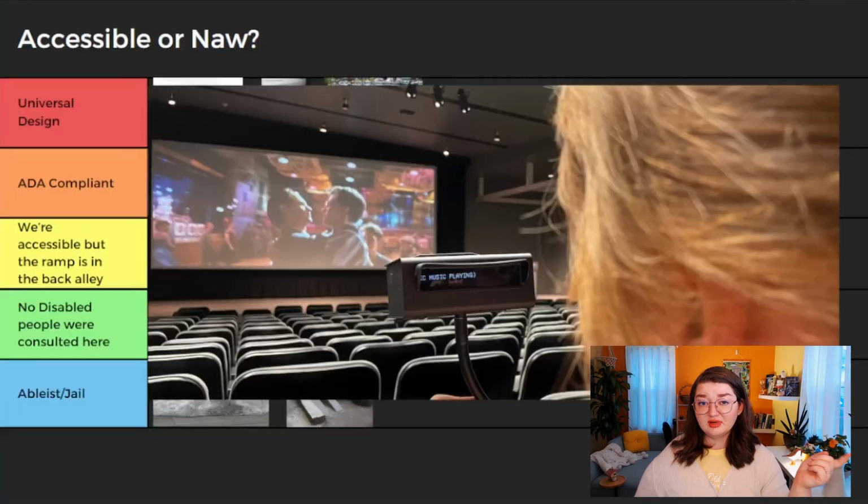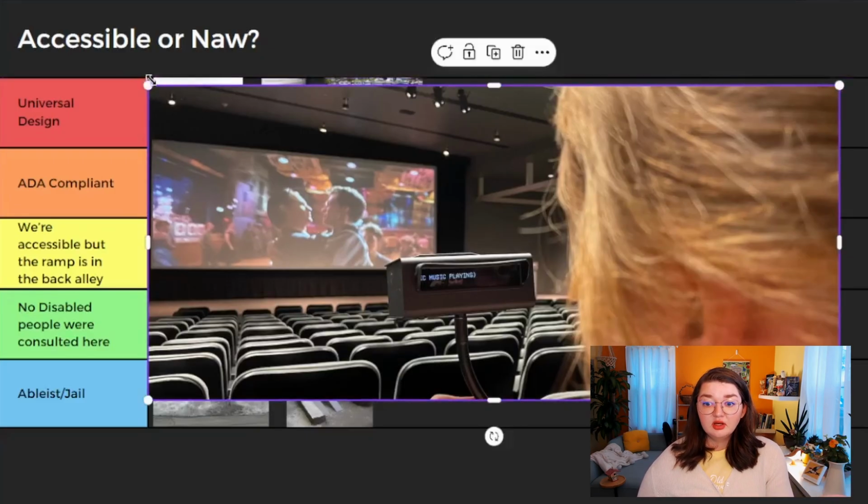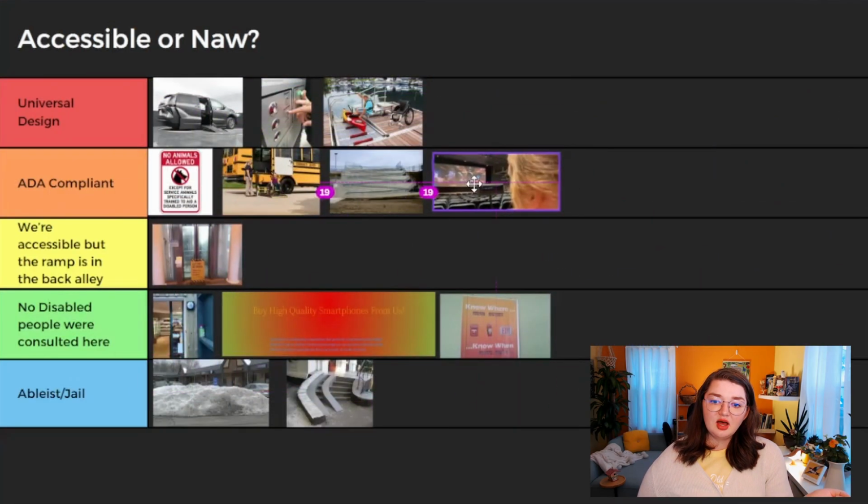I've heard that they prefer that because it's easier to watch the film and read the text at the same time, to have a better experience and to better know what's going on. And I also hear that movie theaters either don't always have these devices or they break a lot. But it's great that access is available, but it's not perfect. So it's going in ADA compliant.